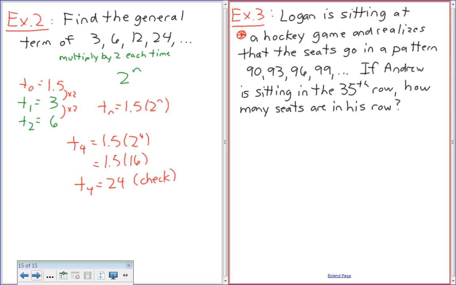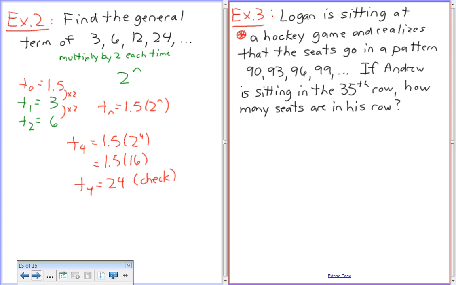So if anyone ever counts on their fingers up to 35, I'm going to say Logan is at a spaceball game, where they're in space. The first row has 90, and there's 10 billion rows in the stadium. It's impossible to use your fingers to get that high. There was a student who did that, like 342 rows or something. So please don't do that.